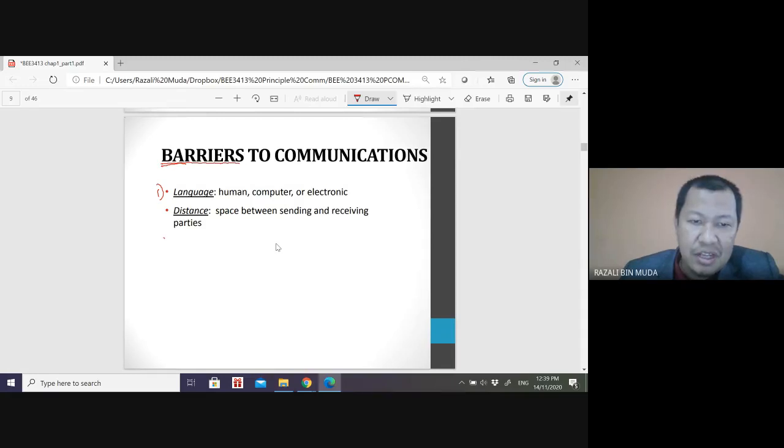Of course, there are more barriers that we can discuss, but here we limit it to language and distance. You can try to list by yourself what other barriers there are in communication.